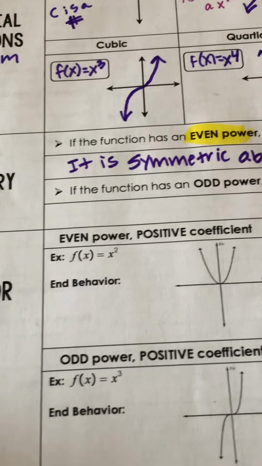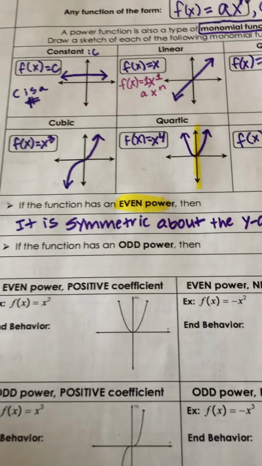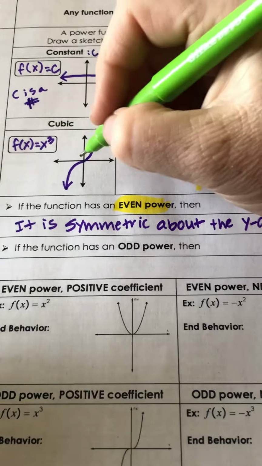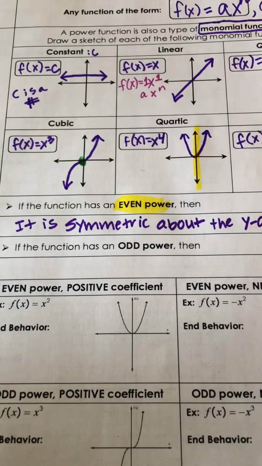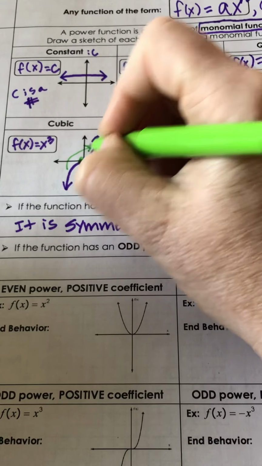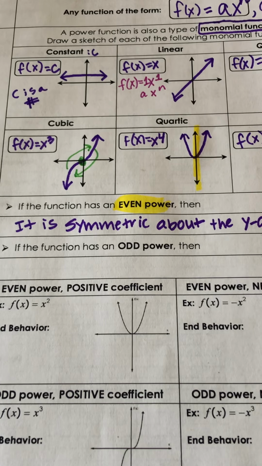And if we have an odd power, like x to the third and x to the fifth, it is symmetric about the origin. So if I rotate around the origin, I'm going to end up with what I started with. That's an origin symmetry.